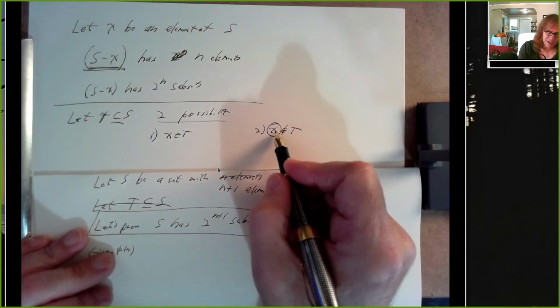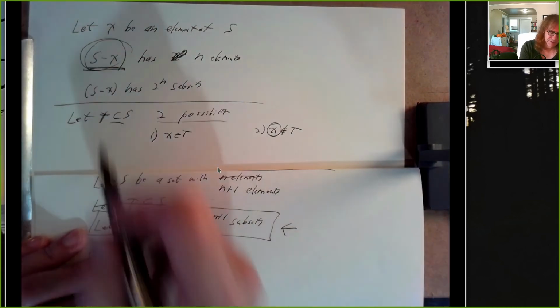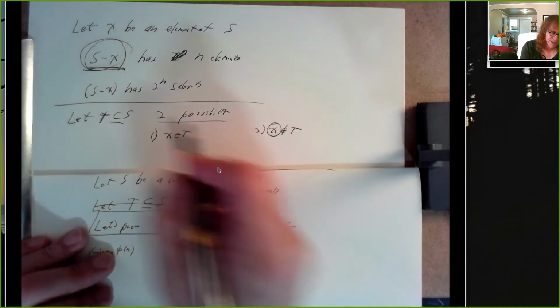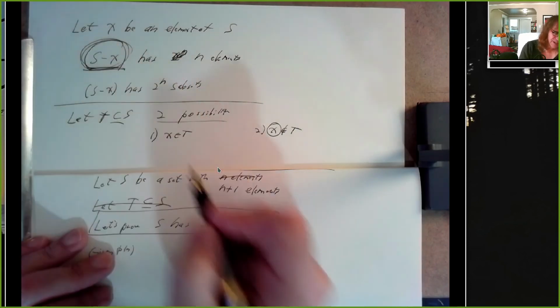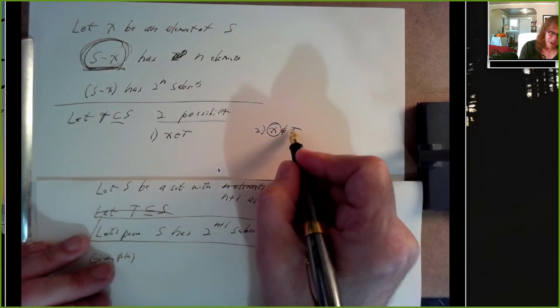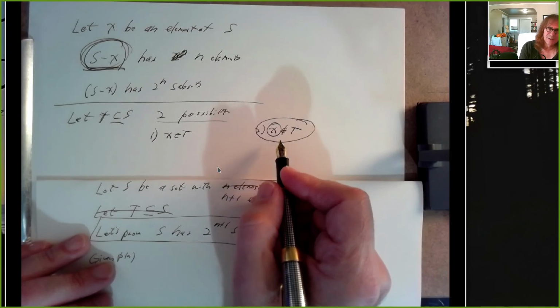So if T does not contain X, we know T is a subset of S, but if X is not contained in here, then T is actually a subset of S minus X. So how many possible subsets are there of S that don't contain X?